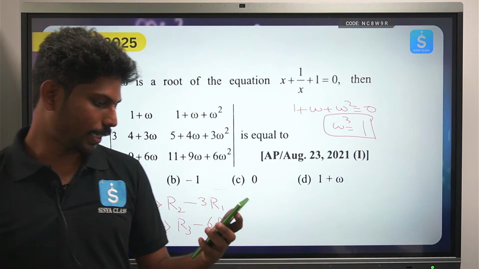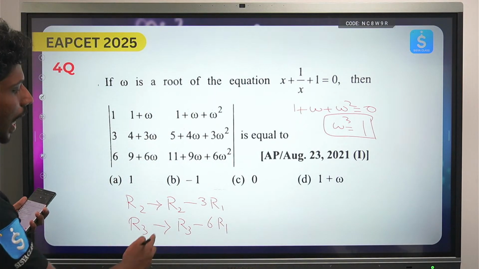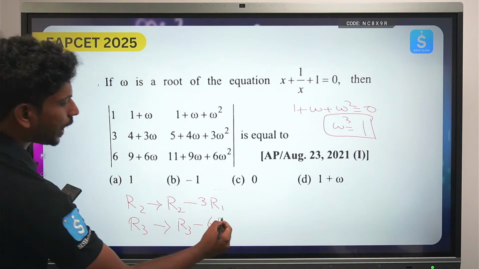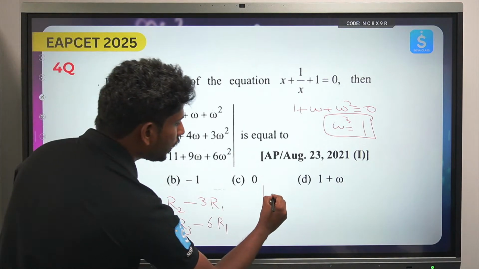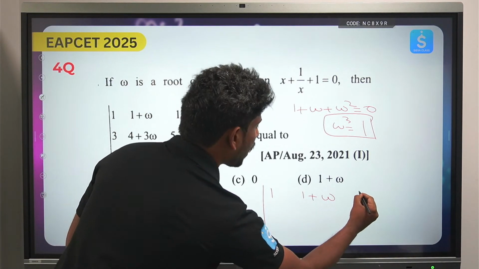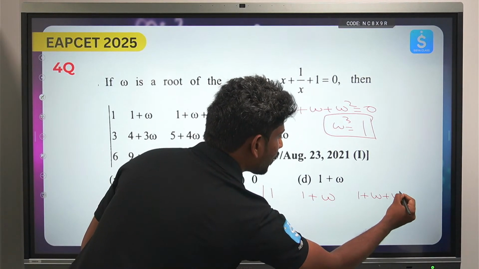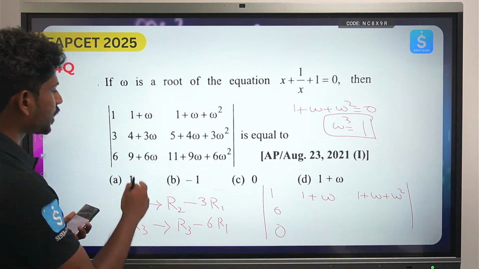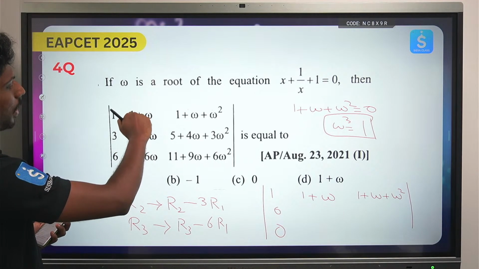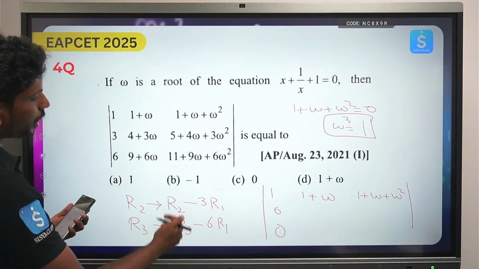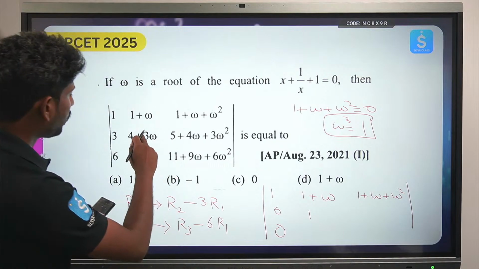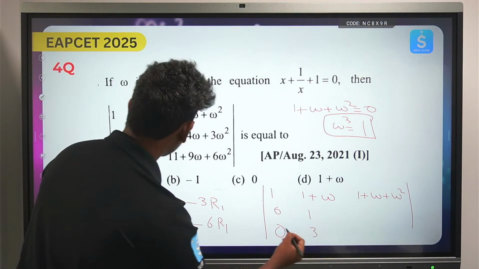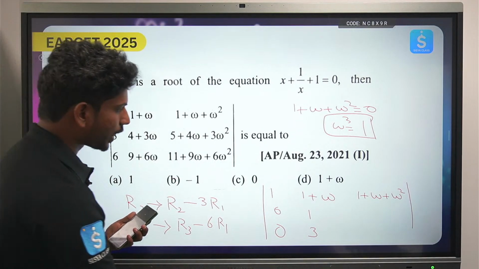Okay, right. So now R2 gives R2 minus 3R1, R3 gives R3 minus 6R1. So here see, directly the determinant becomes 1 plus omega, 1 plus omega square. Now if you try to see, this value will become 0, this value will become 0. 4 plus 3 omega minus 3 minus omega, so this will become 1. Because 3 omega minus 3 omega cancels, and 9 minus 6 will be 3, and 6 omega minus 6 omega again gets cancelled.